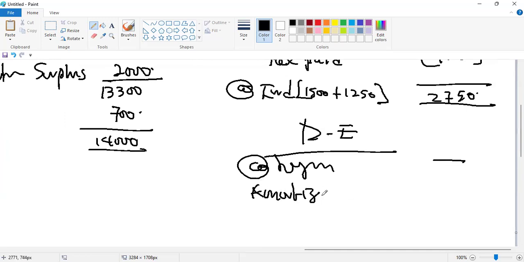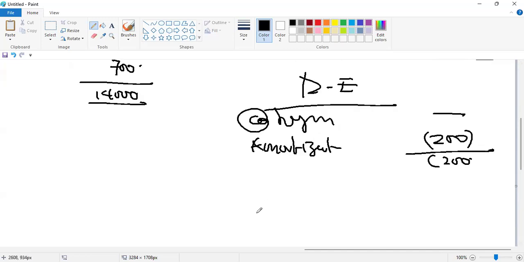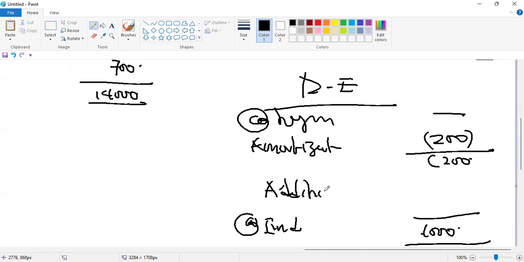Amortization. At the end, what do they report? 1,000. How much is addition? 1,002.